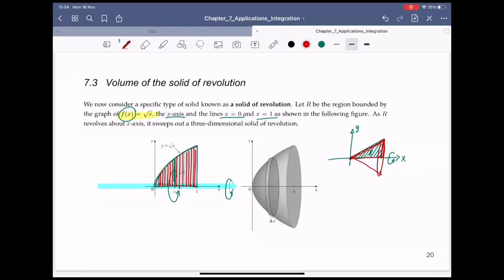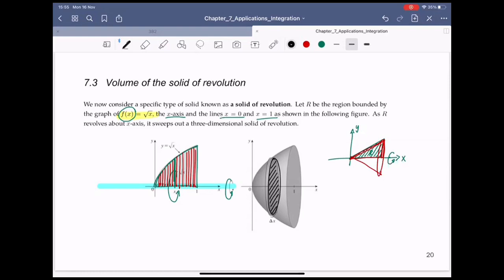This type of solid is easy to find the volume of, because if you cut the solid with respect to x, you get the cross-sectional area as a circle shape. That means you can use the previous section to find the volume.